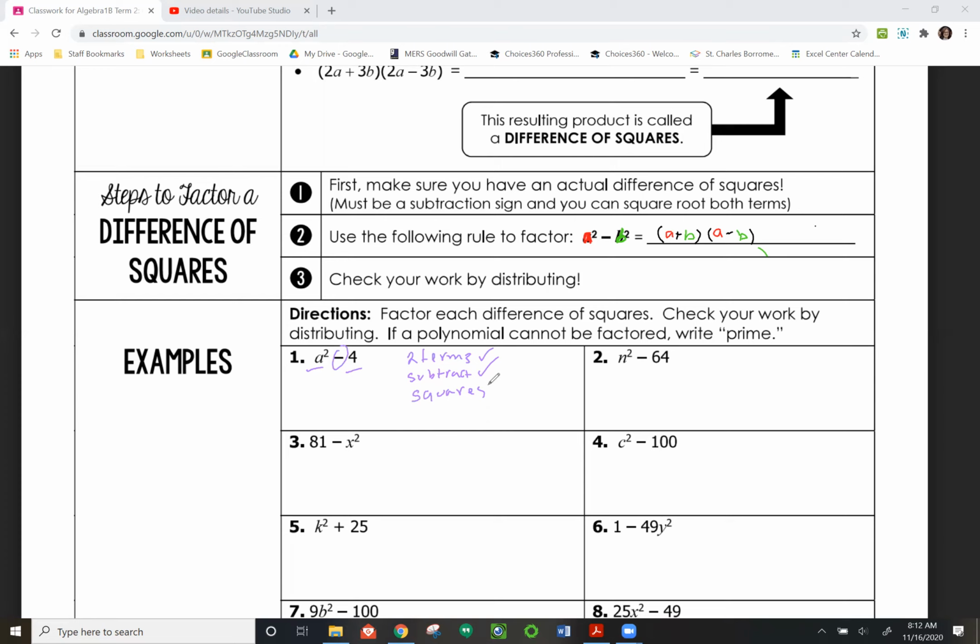So with my first term, it's very obvious that it's a square. It says a squared. You see that little 2 up there. Perfect. But with my second term, 4, I don't see that. I don't have a squared. But can't 4 be written as a square?